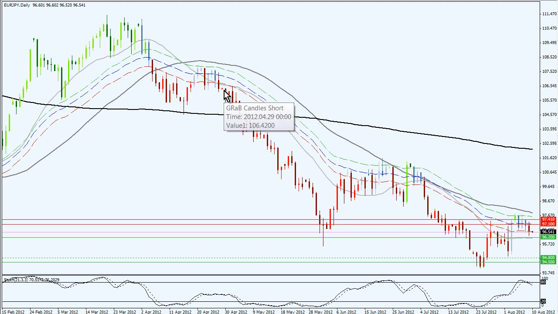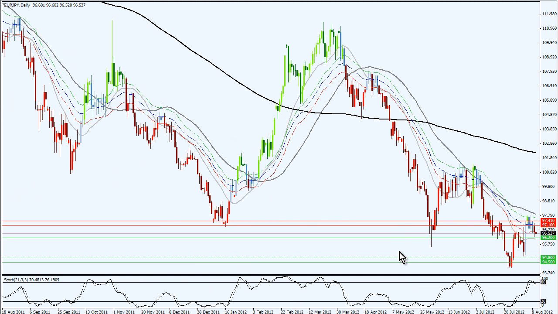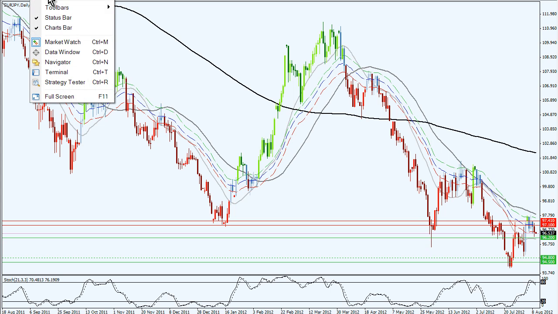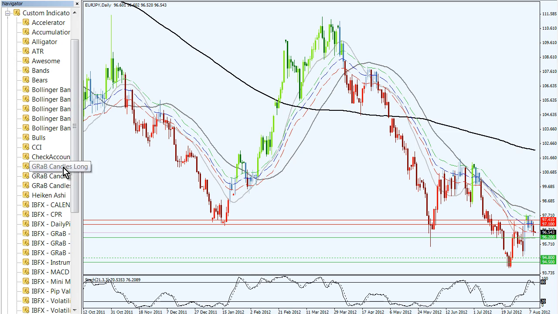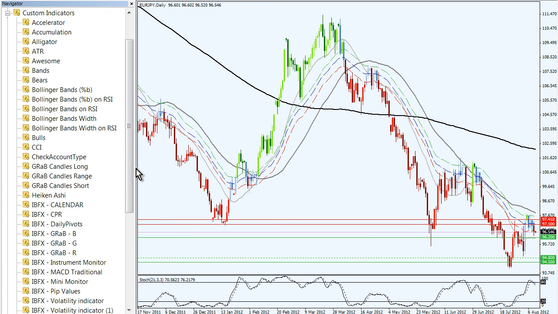The tools on this chart, all the tools that you want to use for directional bias, are available through the IBFX platform. What's really easy is if you go over to the navigator and you drop down your list here, notice we have this custom indicators list.